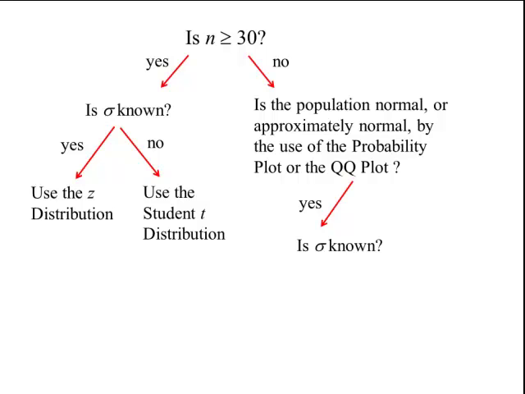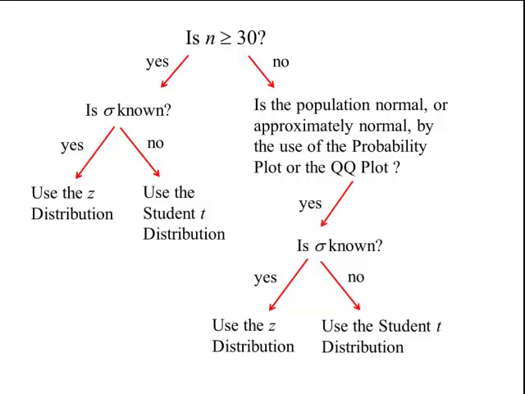We have to ask, is sigma known? If yes, you use the Z distribution. If no, you use the T distribution. What if the probability plot or the QQ plot is not satisfied? Then we can't use a Z or a T.